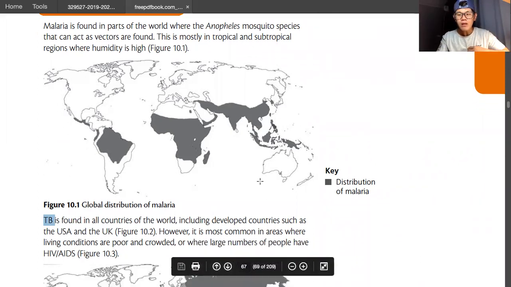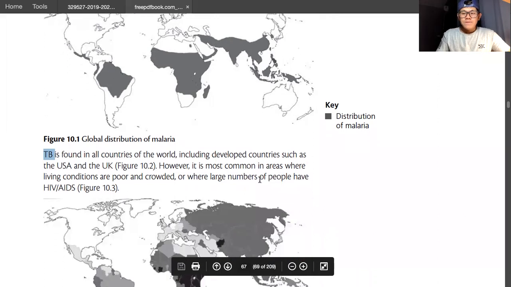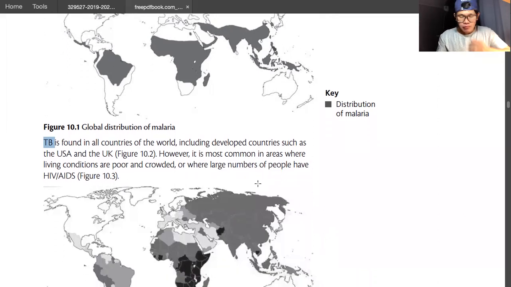Okay, so when you're going through the questions, certain questions when you come across the exam, I'm pretty sure you will be asked questions, okay, evaluate the socio-economic impact of certain countries in the transmission of TB.